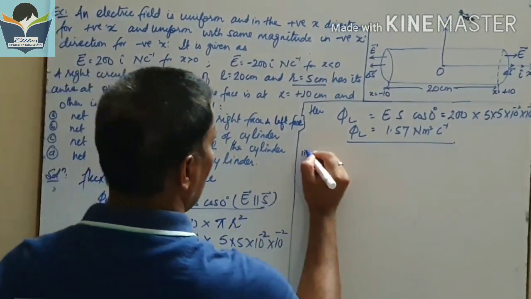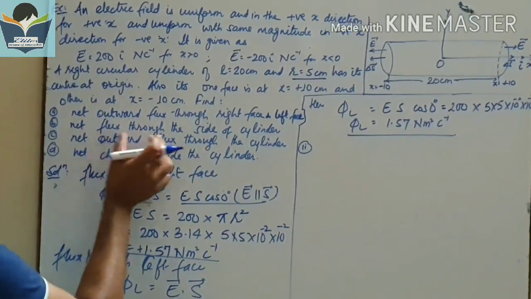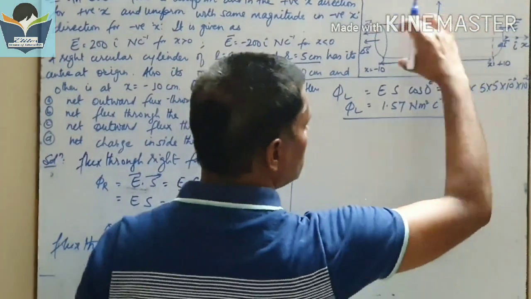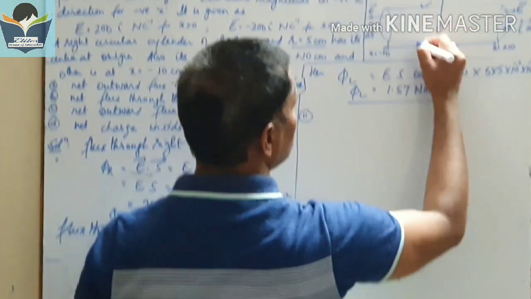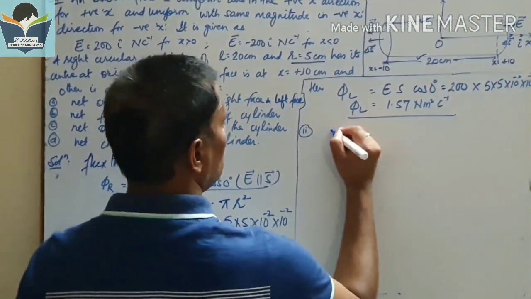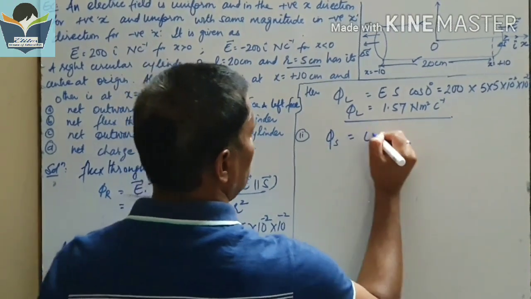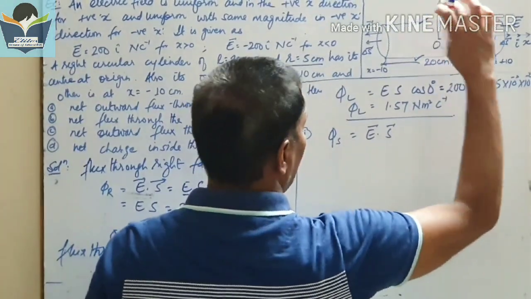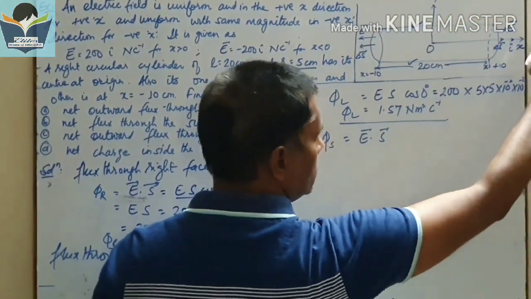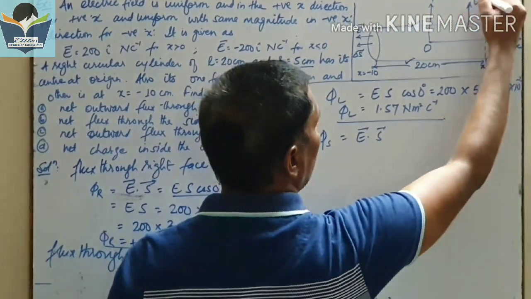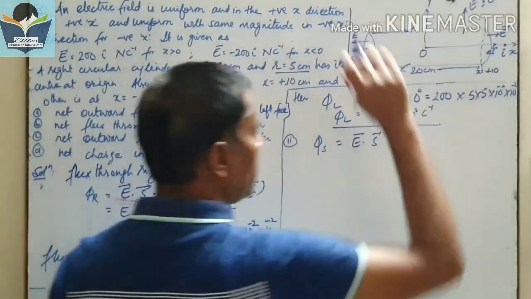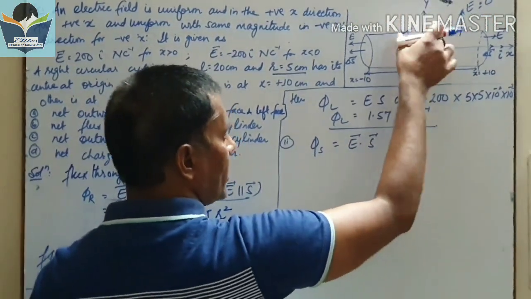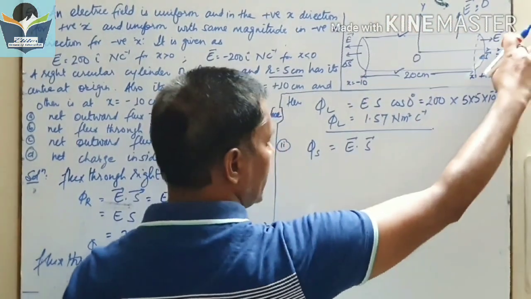Now the second part asks us the flux through the side of the cylinder. Now if we come to the side of the cylinder, that is this face or this face, so phi of side will be E dot S. Now here the field is along x-axis, so we have no component along y-axis, it is 0. So that means the area vector is along y-axis but field is along x-axis.